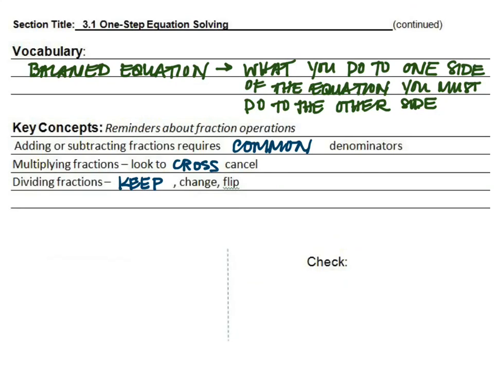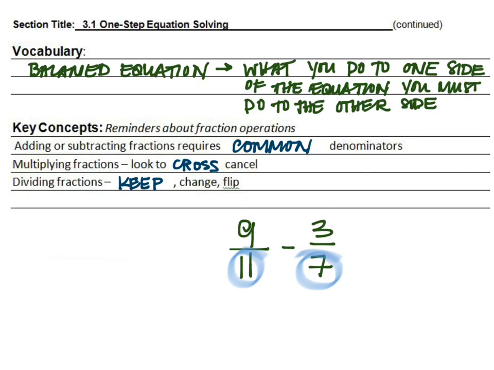We might have another situation where I'm subtracting fractions, and I'm subtracting 9/11 and I subtract 3/7 from it. Here I need to have common denominators among the 11 and the 7.